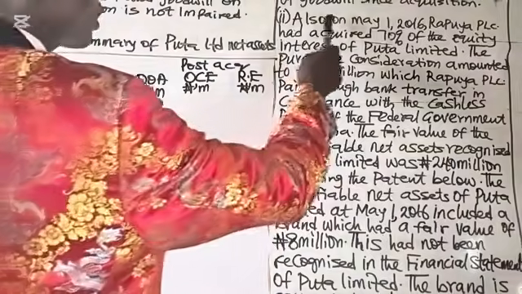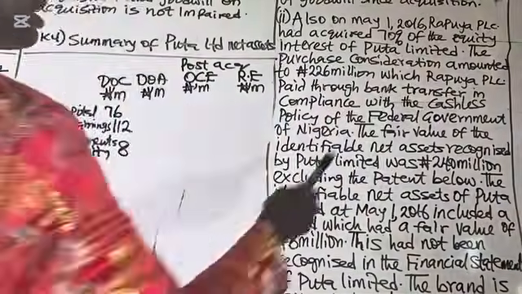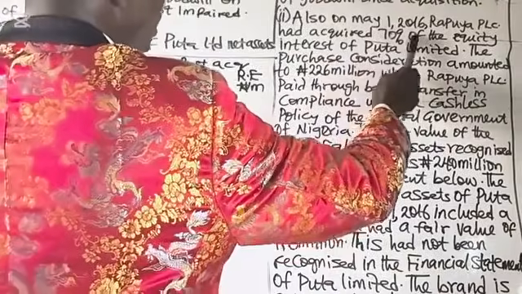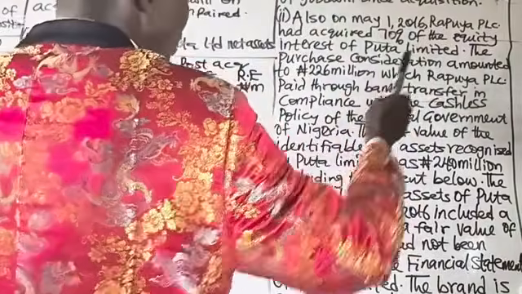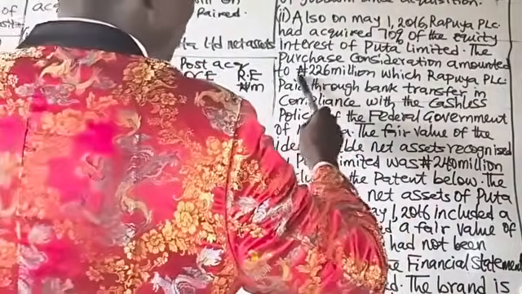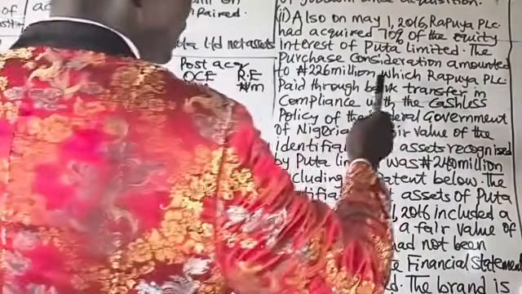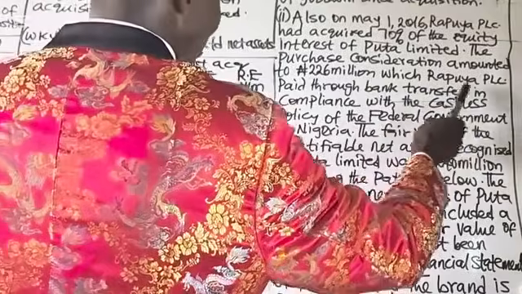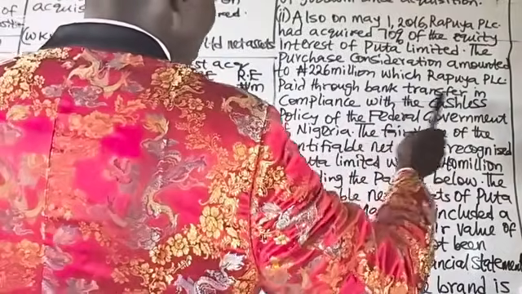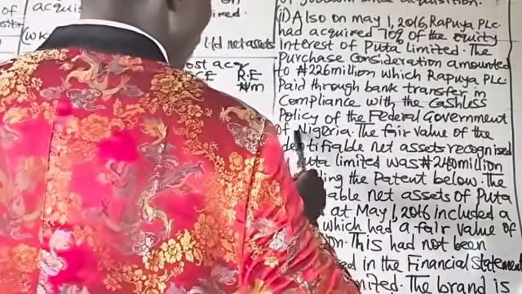From note 2, also on May 1st, 2016, Rapuya PLC had acquired 70% of the equity interest of Puta Limited. The purchase consideration amounted to 226 million naira, which Rapuya PLC paid through bank transfer in compliance with the cashless policy of the federal government of Nigeria.